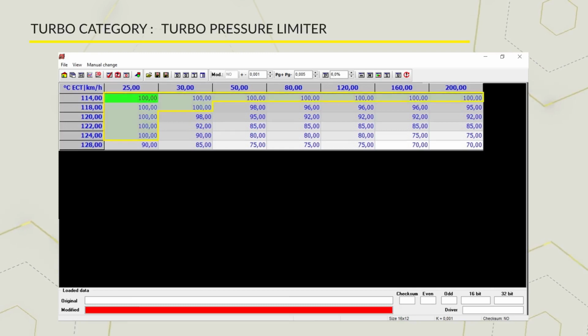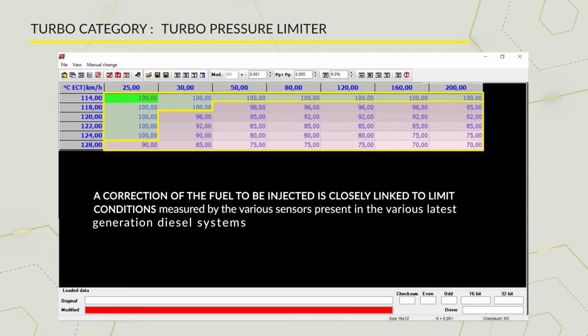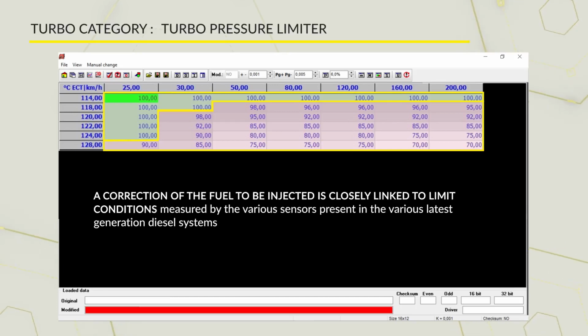A value of 100% means all the fuel is injected, and therefore without corrections. Vice versa with values below 100%. There are many factors that can determine a correction of the fuel to be injected, but all are closely linked to limit conditions measured by the various sensors present in the various last-generation diesel systems.